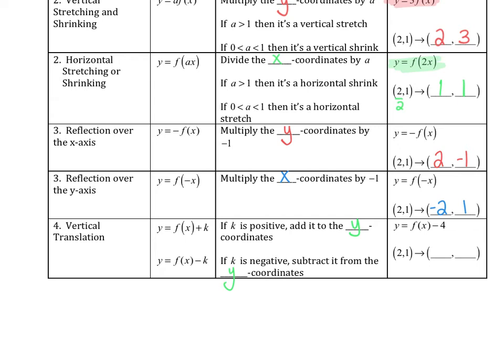So in our example here, we have y equals f of x minus 4. That is telling you that you're going to move down 4, which means you are going to subtract 4 from the y coordinates. So my x remains 2, and 1 minus 4 is negative 3. And that would be the new point to plot.